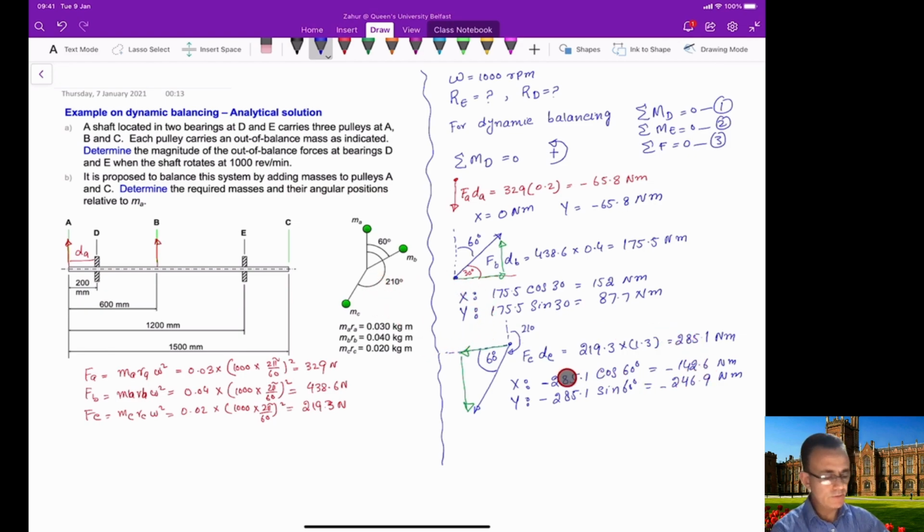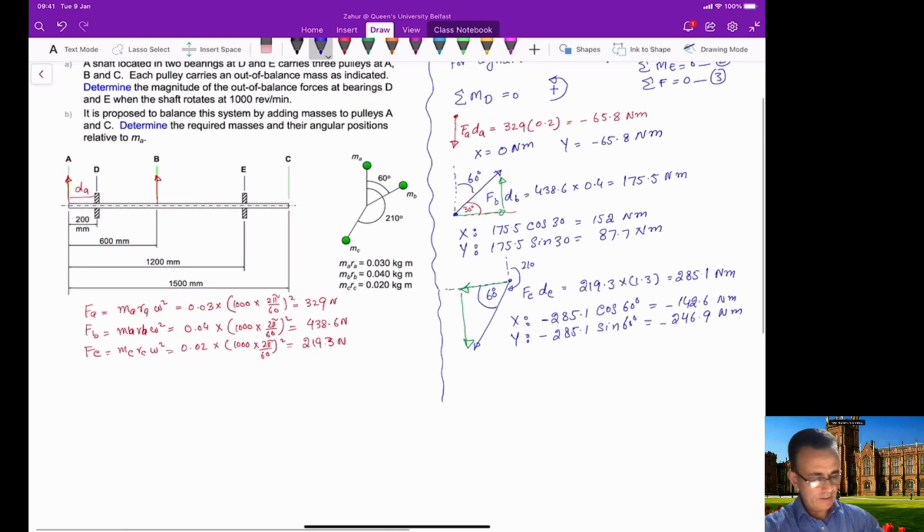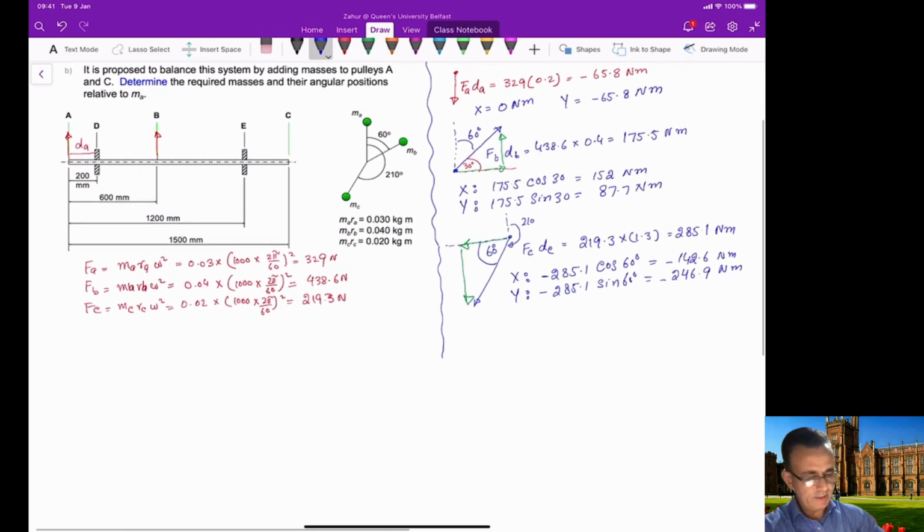Okay, so we managed to calculate all the moments relative to position D, and we also managed to calculate the x and y component of each moment. So each moment was due to force A, force B, and the force at C. Okay, so in the next step we will try to apply this condition.